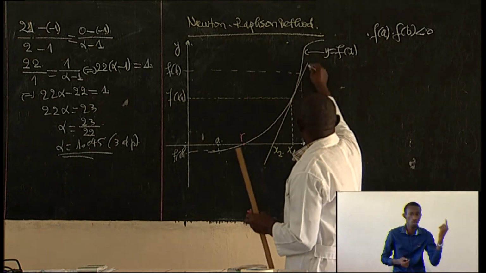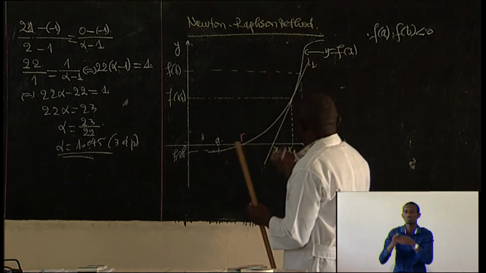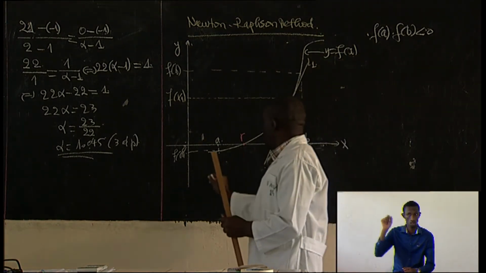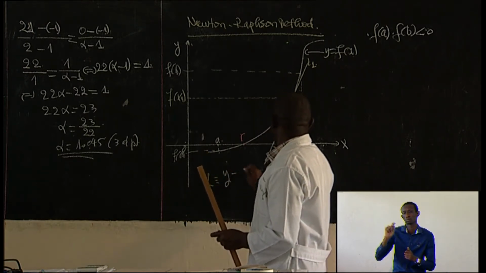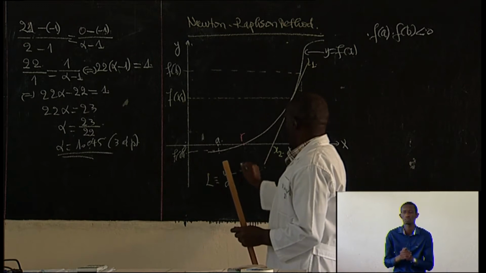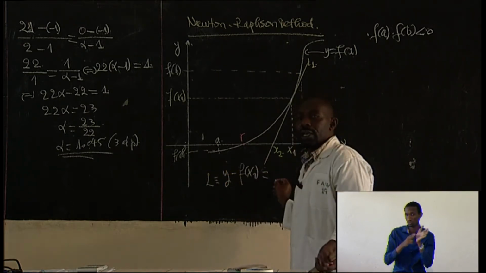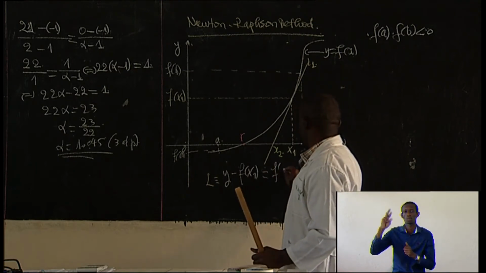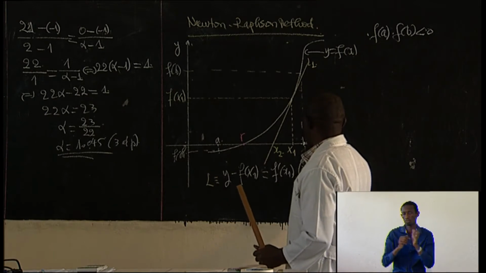So this tangent, let me call it L1. You know that the equation of that tangent is given by y minus f of x1, which is equal to, the gradient is f prime of x1 times x minus x1, isn't it?